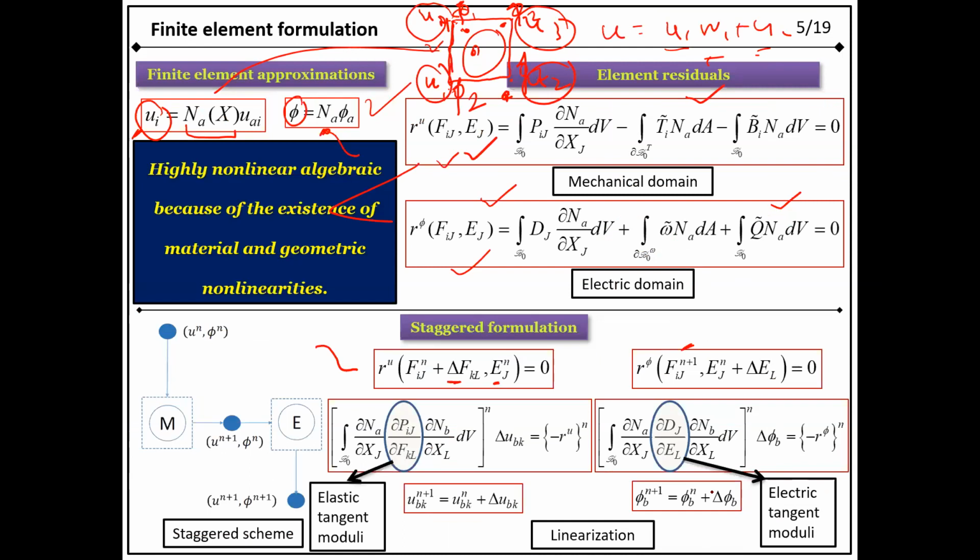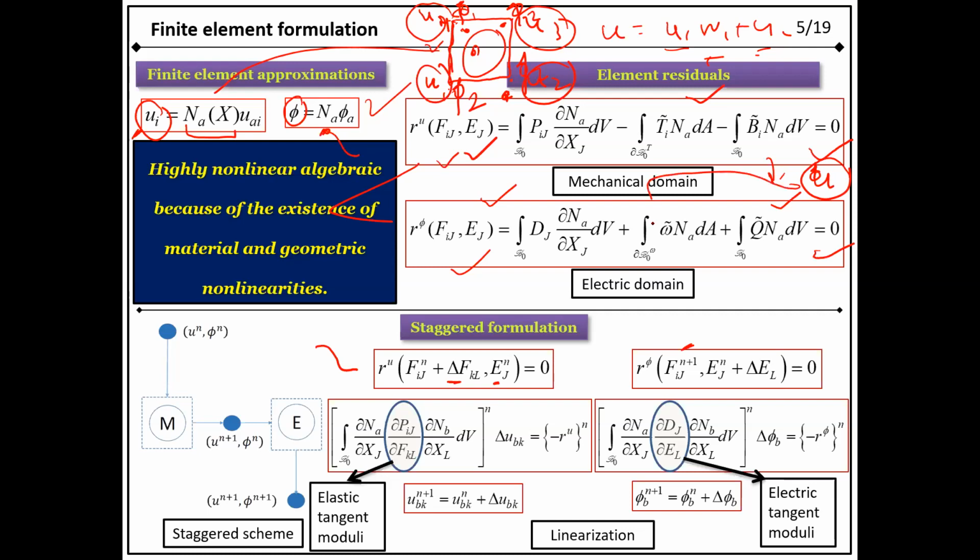So one method that we generally use in order to solve the coupled field equations is a staggered approach. What does staggered mean? There are two equations, one corresponding to the mechanical domain, the second corresponding to the electrical domain. Generally, from the first equation we obtain the primary variable, that is u.